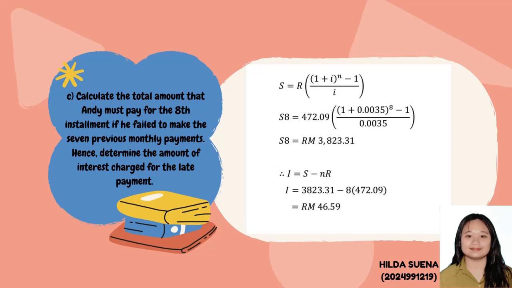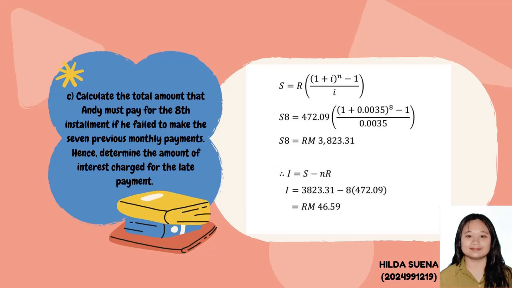The formula is S equal to R multiplied by 1 plus I power of N minus 1 divided by I. Now we're going to substitute the values. So S is the amount that you need to pay on the 8th month.